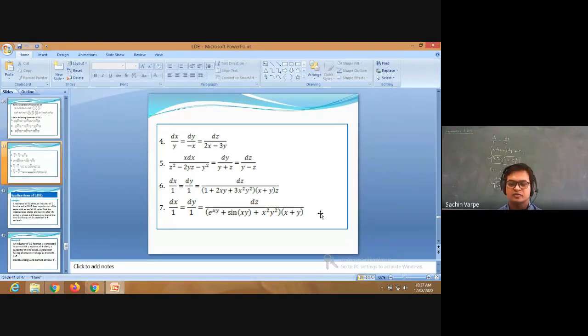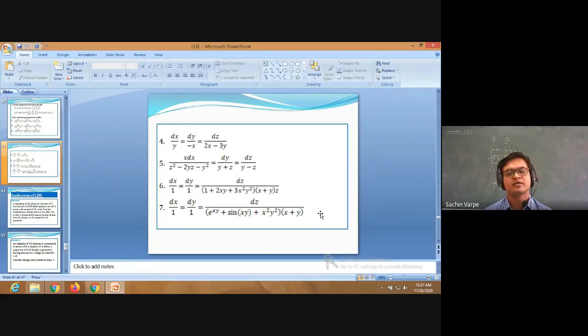Only then can we use it. Here our first solution is x minus y. The third ratio contains the term x plus y, not x minus y. If x minus y is there, then only we can use it. So we cannot use the first solution to find the second.